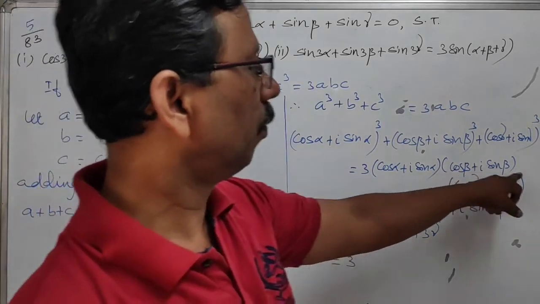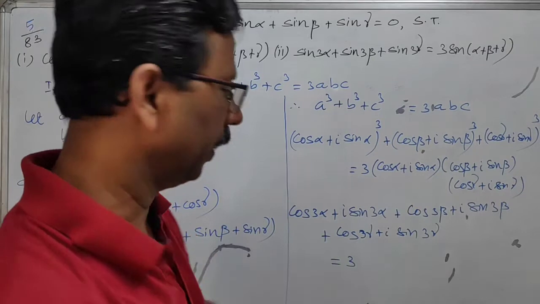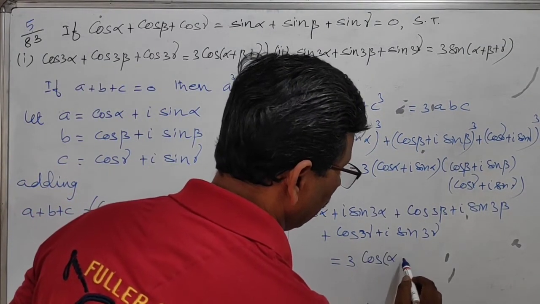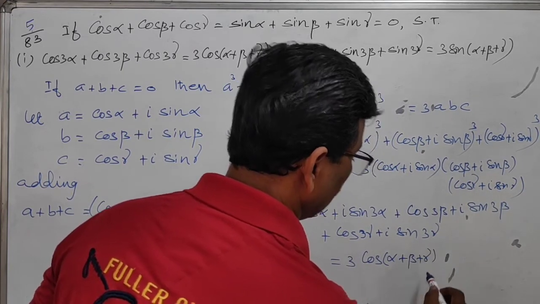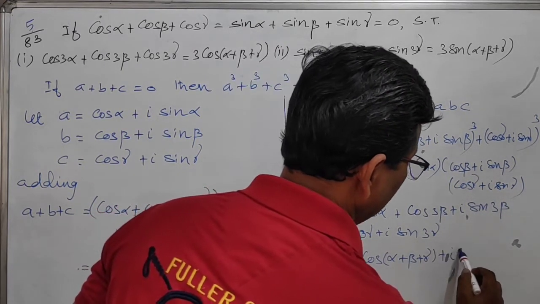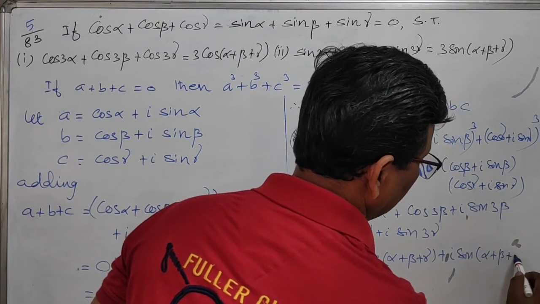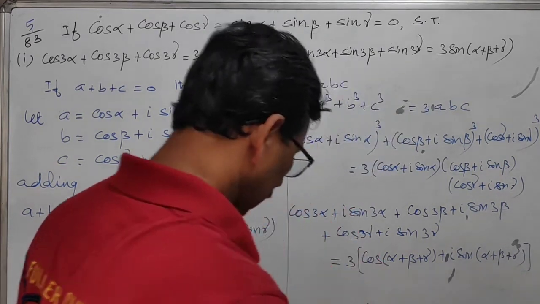While multiplying complex numbers in polar form, we can add their arguments. Therefore here we can write cos of alpha plus beta plus gamma plus i sin of alpha plus beta plus gamma.